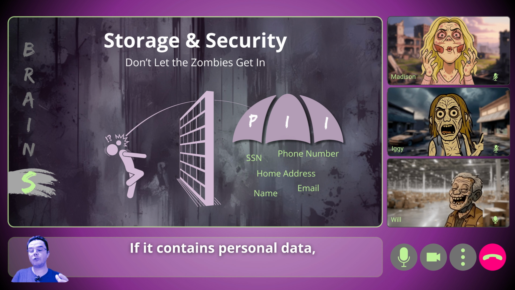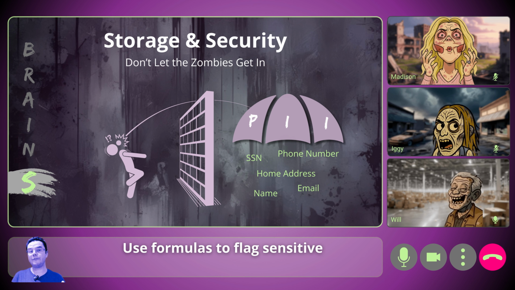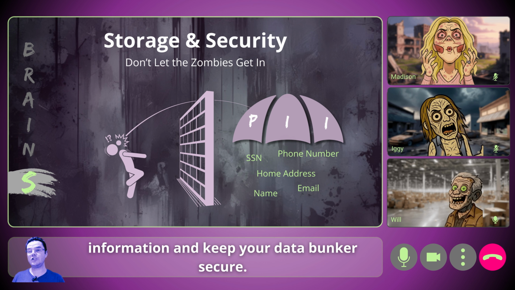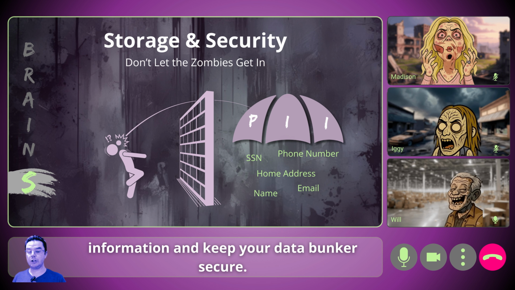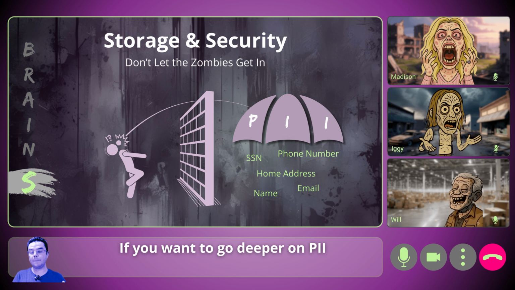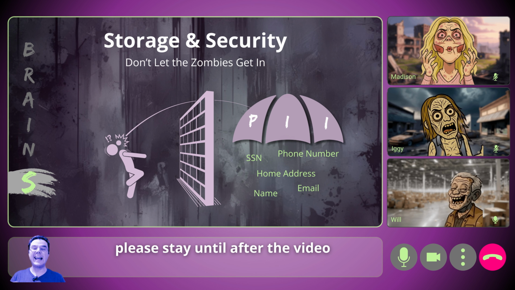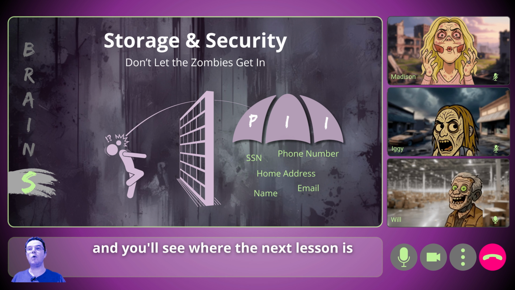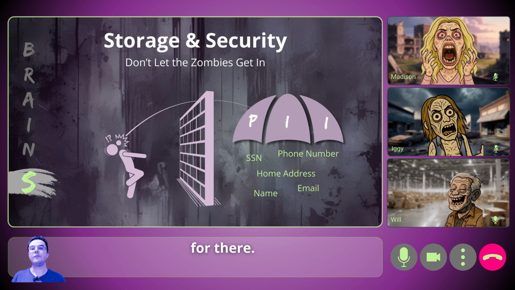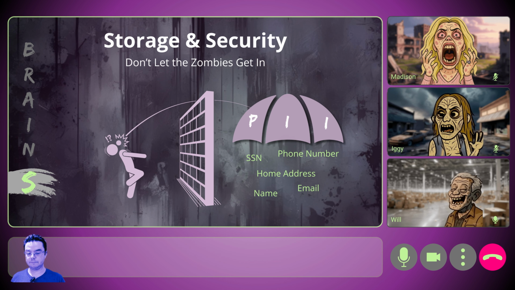If it contains personal data, treat it like a biohazard. Use formulas to flag sensitive information and keep your data bunker secure. If you want to go deeper on PII or securing data, please stay until after the video and you'll see where the next lesson is. Protect the data, protect the team.